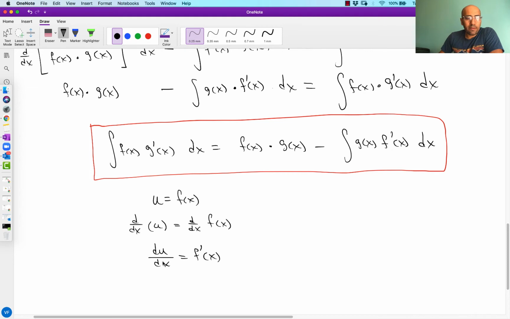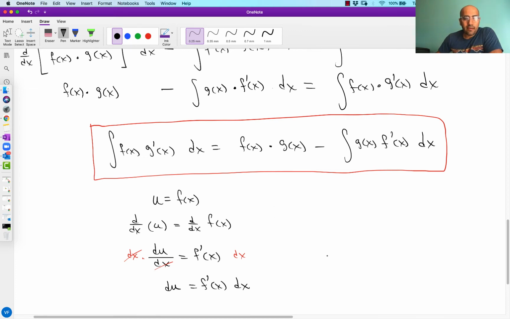And then we can multiply both sides of the equal sign by dx. dx on this side, dx on that side, cancels out there. So we end up with du equals f prime of x dx.